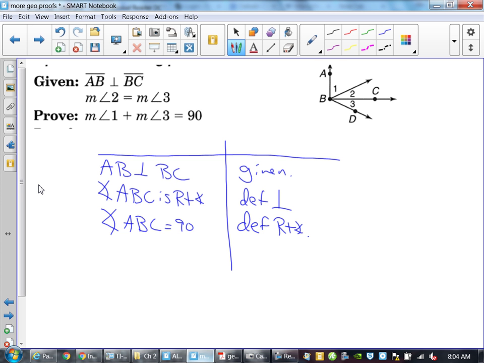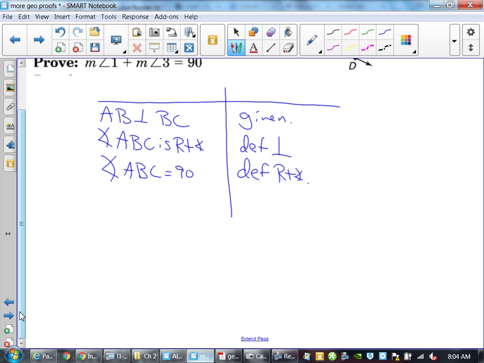What two angles equal 90? 1 and 2. Why? Well, let's do this first. Angle ABC is angle 1 plus angle 2. What's the reason? Angle addition. Very good. Which means angle 1 plus angle 2 have to equal 90.